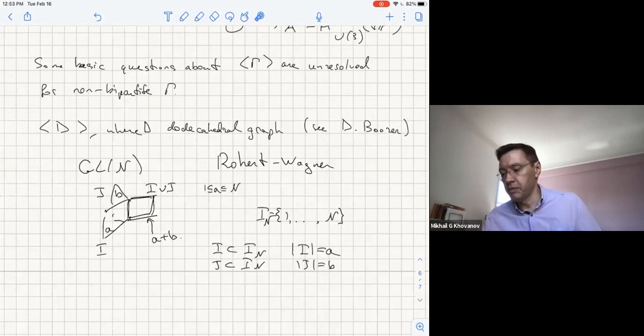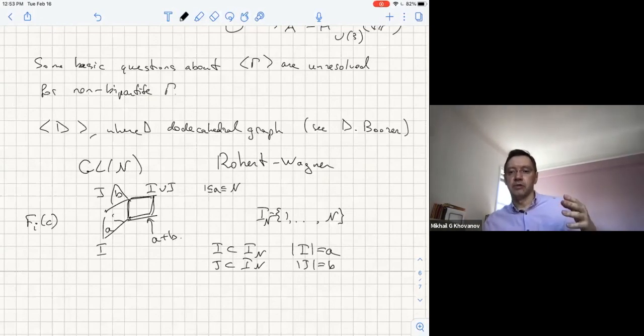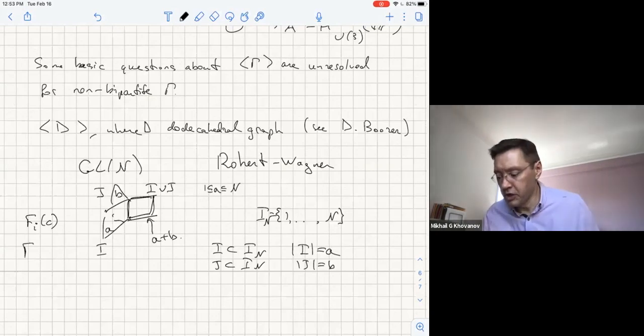And then you can play a similar game. For each color I, you can look at F_i of C, the union of facets whose coloring contains color I. And you can form F_ij of C. F_ij of C would be: take surface F_i, surface F_j, take the symmetric difference.